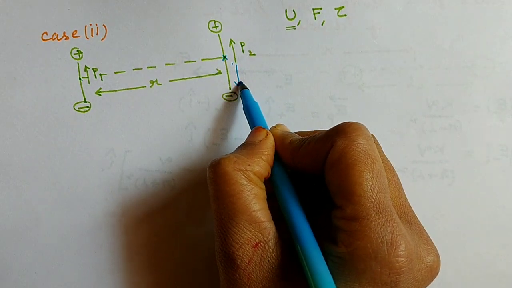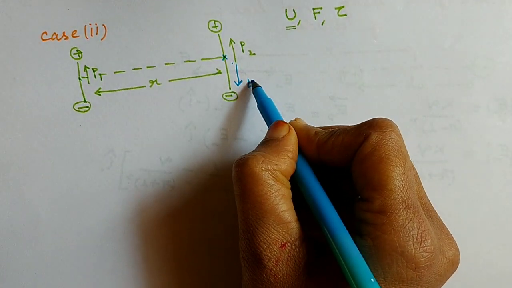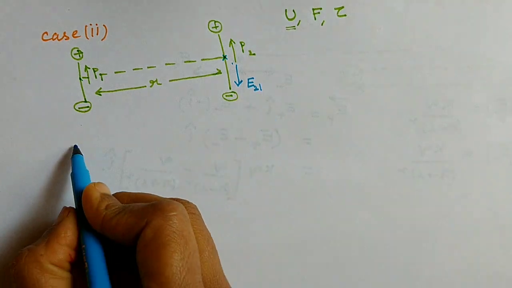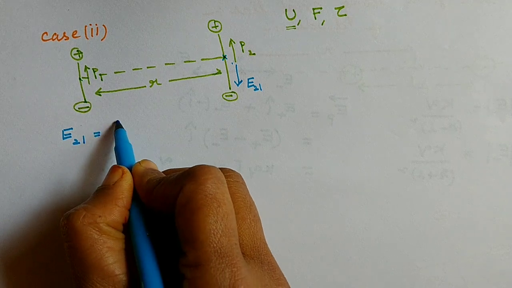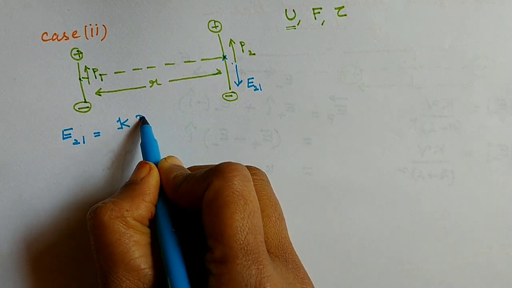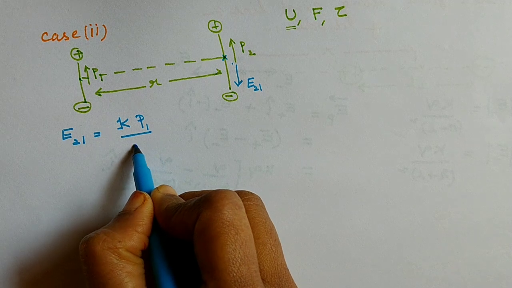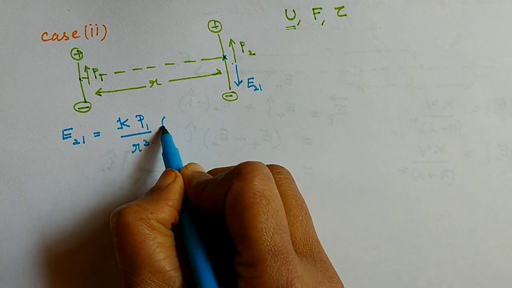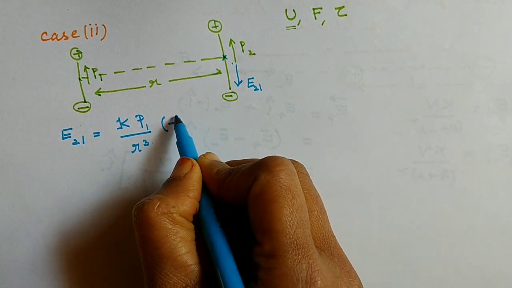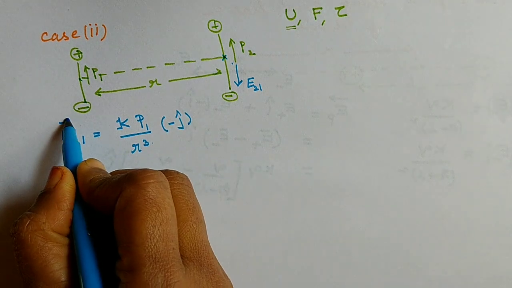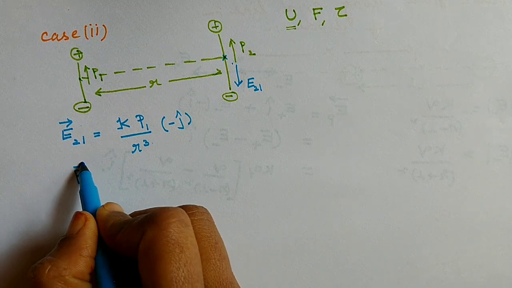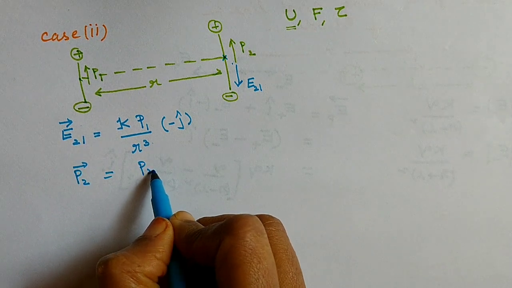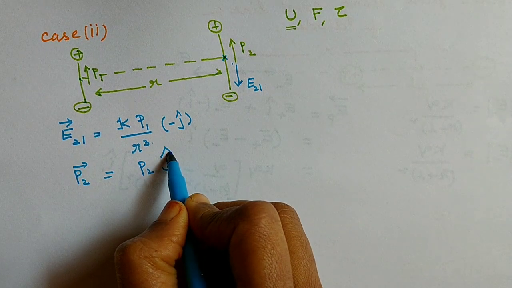Field is in opposite direction, downward, that is E21. Write its magnitude. For equatorial line, we know field is given by K into P1 by r cube. And if you write the direction, it is minus j cap. The dipole moment is acting in upward direction, so P2, magnitude I'll write it as P2, direction is j cap.